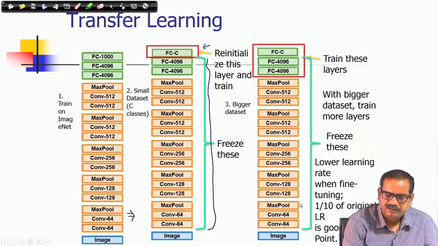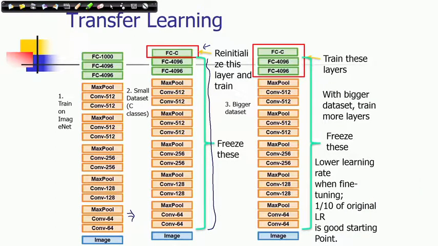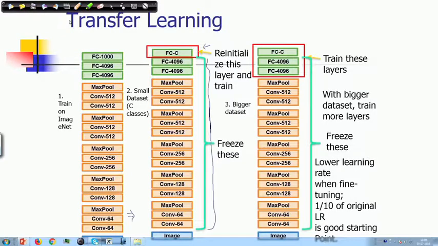If you have a larger data set, then you can have other kinds of policies. For example, in this case, you can consider training all the fully connected layers, keeping your feature representations only up to this point.